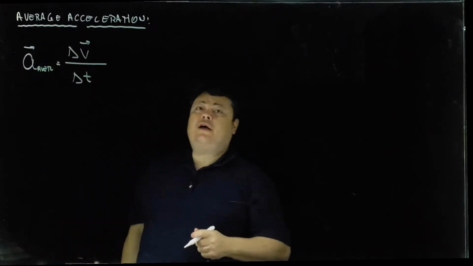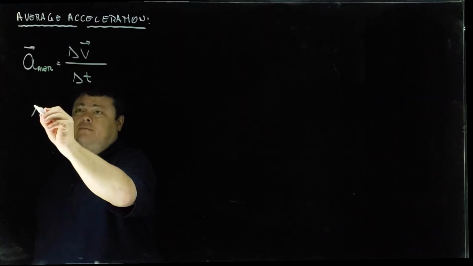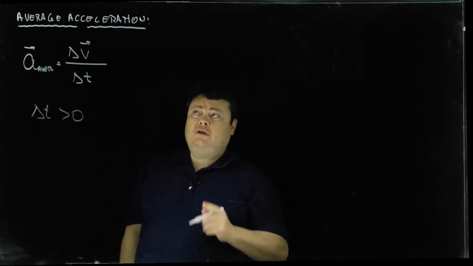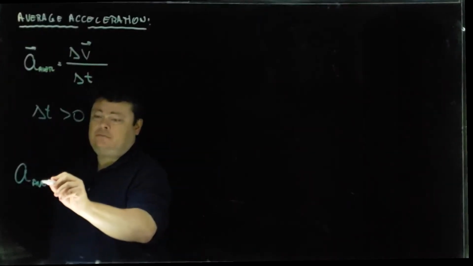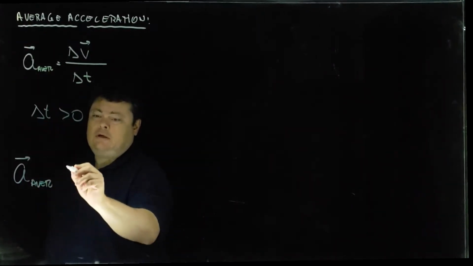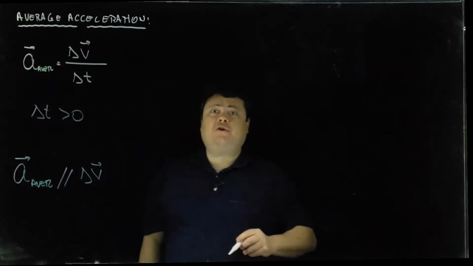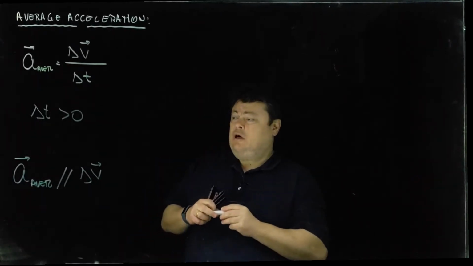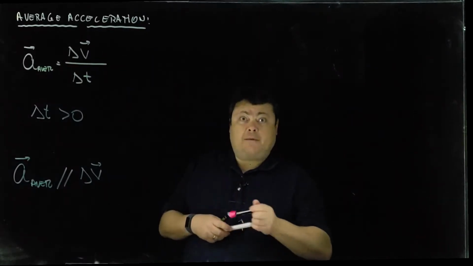Focusing again on the average acceleration, since time is always a positive number, what we have is that the average acceleration is always going to be parallel to the change in velocity. And let's use this property to understand a little bit better what will happen.